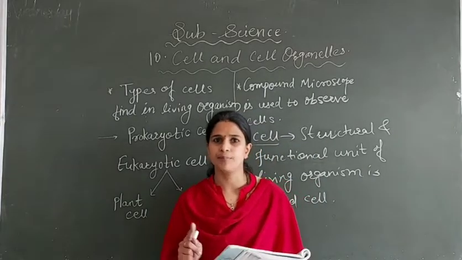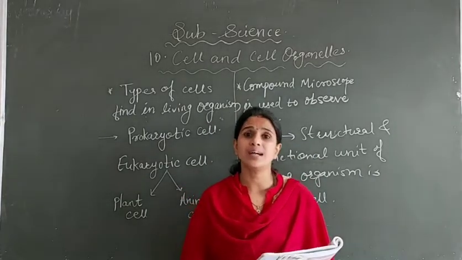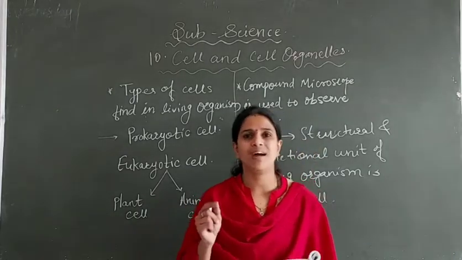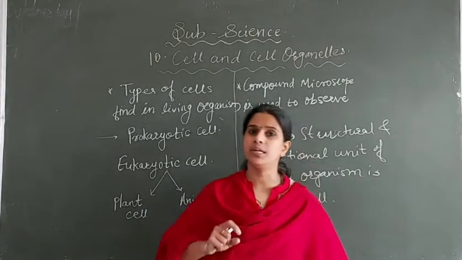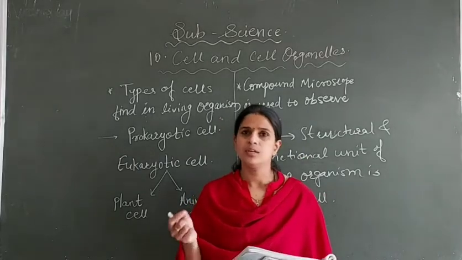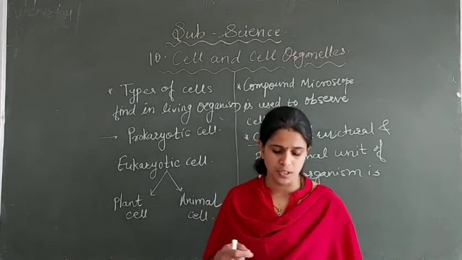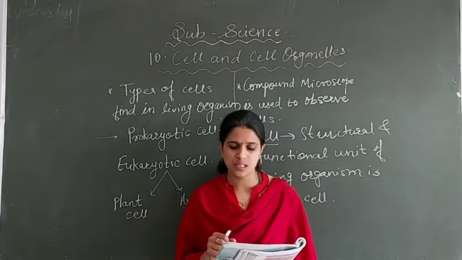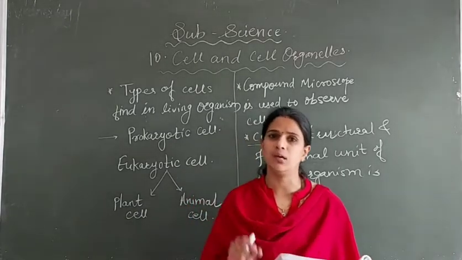The first diagram is the plant cell and the other one is the animal cell. The plant cell diagram is given in green color, so you can easily find out which is the plant cell and which is the animal cell. You have to observe this figure and write down the names.